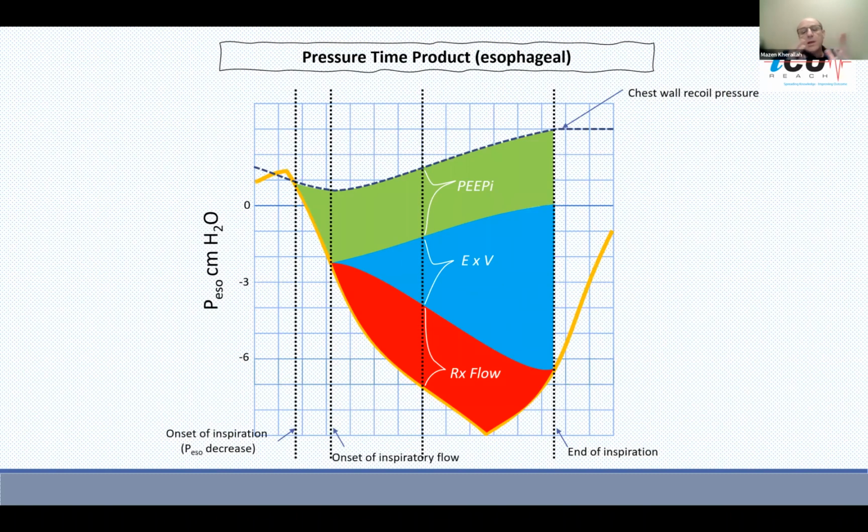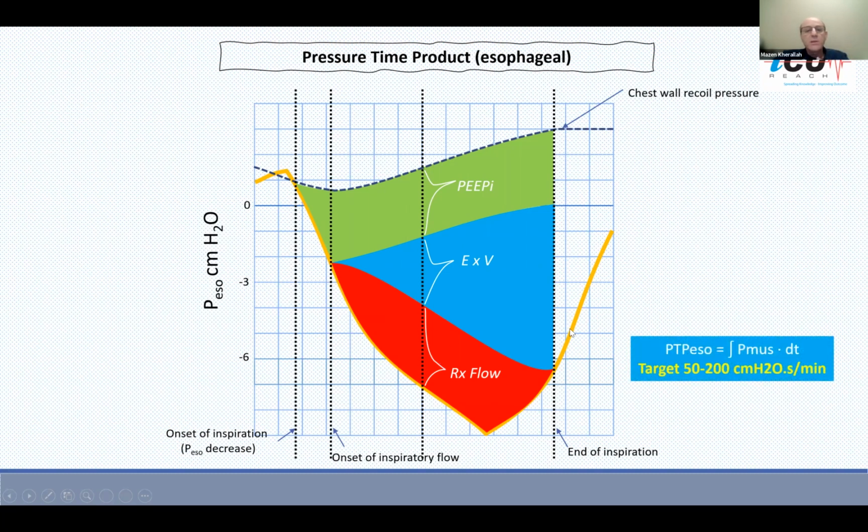Now this is an enlargement of what I just talked about. If the patient is doing the work for the breath, he needs to overcome any intrinsic PEEP, the chest wall recoil, the elastance of the lungs, and the resistance. All together they form the pressure time product for that breath. As I said, it should be between 50 to 200.